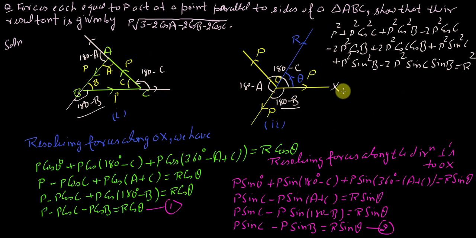Fine. Now P square is as such, cos square C is here, and here is P square sin square C. So P square will be common, cos square C plus sin square C is 1. So this will be P square; cos square B, P square sin square B, it will be again P square, minus 2P square cos C minus 2P square cos B, and from this and this term take 2P square common.